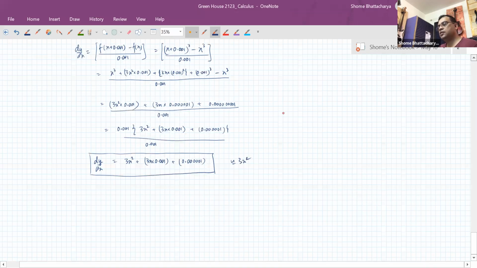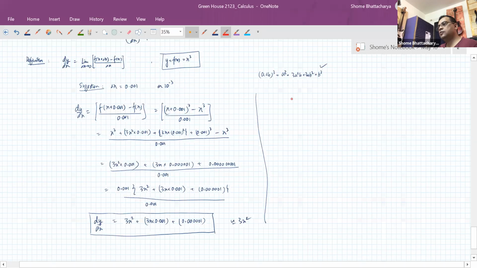Suppose I had taken the suggestion that delta x is something a little bit more interesting, like let's say it's 10 raised to minus 5. Then see what this would have become. dy by dx would have become x plus 10 raised to minus 5 cube minus x cube divided by 10 raised to minus 5.